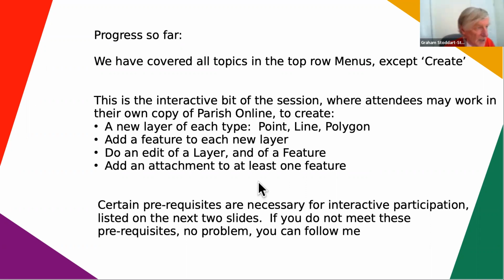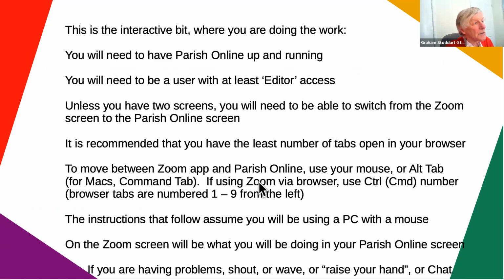Now, this next slide tells you what you need to do to be able to be interactive. So you need Parish Online up and running with at least editor access in it. You need to be able to switch from my Zoom screen, which is telling you what to do, to your Parish Online screen, which is where you're actually going to do it.